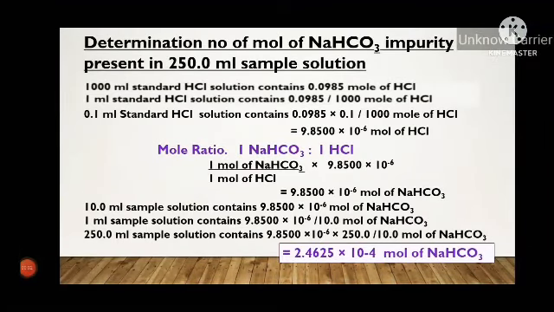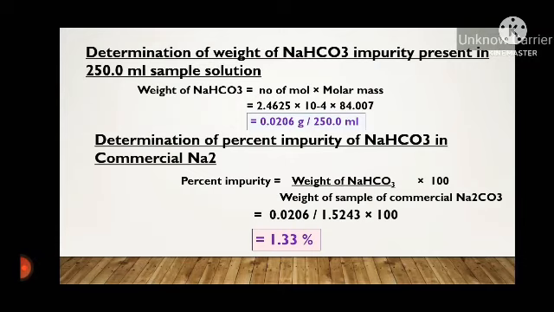Determination of number of moles of sodium bicarbonate impurity present in 50 ml sample solution by using the unitary method and mole ratio method, we obtain 2.4625 exponent minus 4 mole of sodium bicarbonate. Now apply the formula of weight, we obtain 0.0206 gram per 250 ml of sodium bicarbonate.